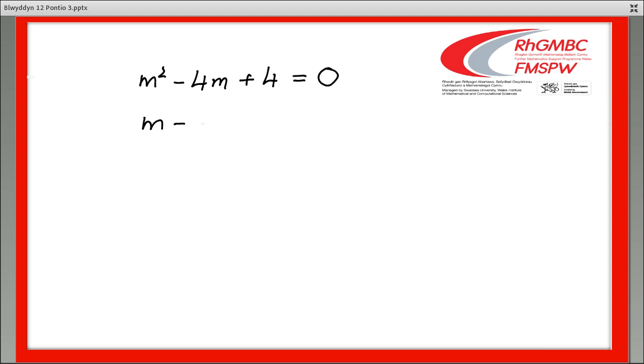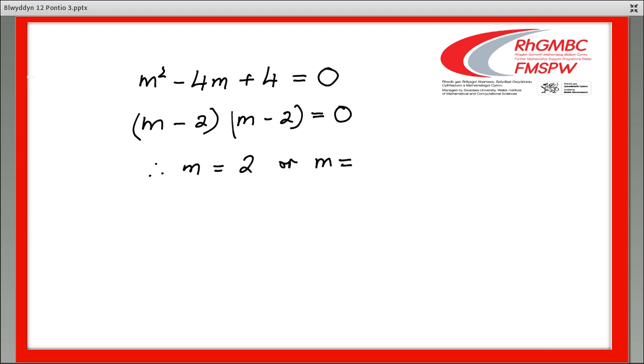That will factorize: m minus 2, m minus 2 equals 0. So therefore, m equals 2 or m equals 2.